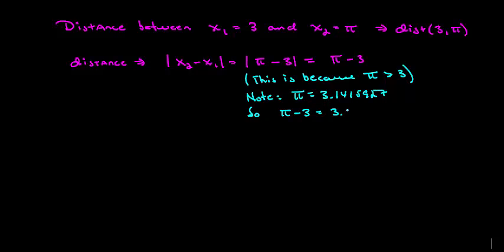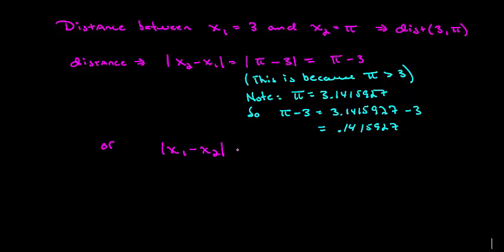If I take that number and subtract 3 from it, that's like taking 3.1415927 and subtracting 3. That still gives me a positive 0.1415927. So, since pi is greater than 3, the absolute value of pi minus 3 is just pi minus 3. We don't need the absolute value signs anymore, so we can drop them.